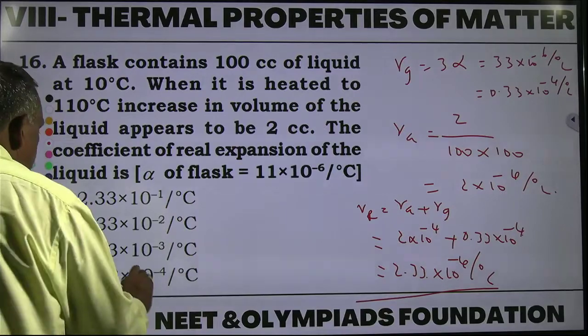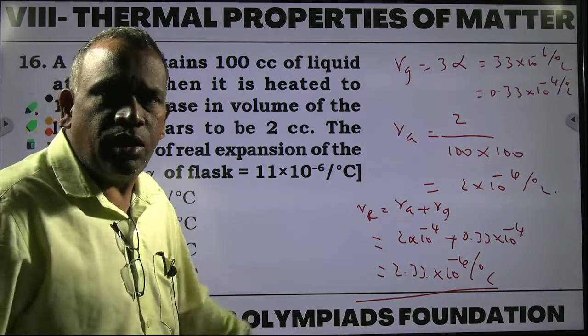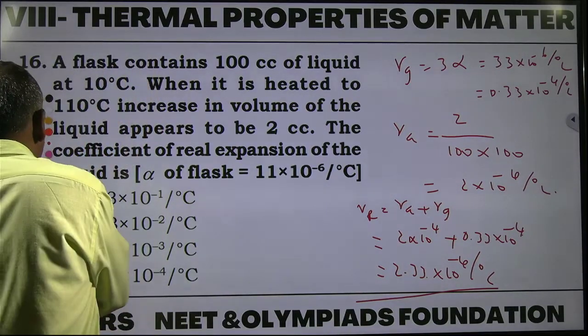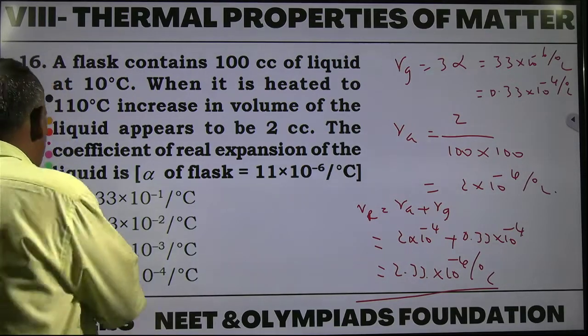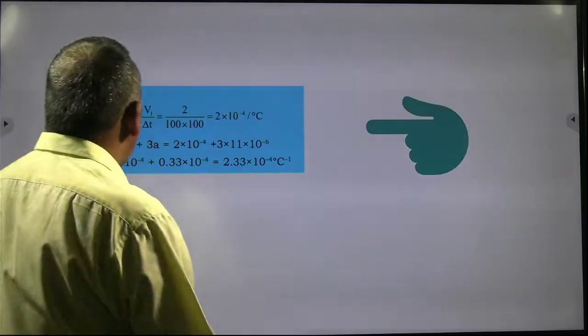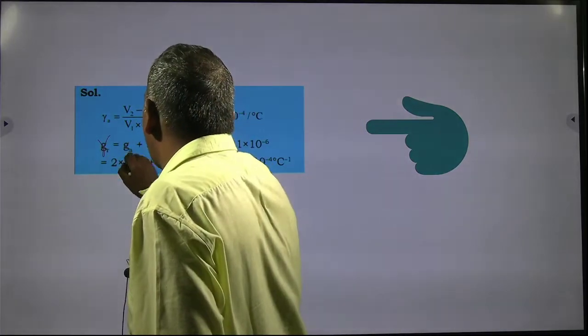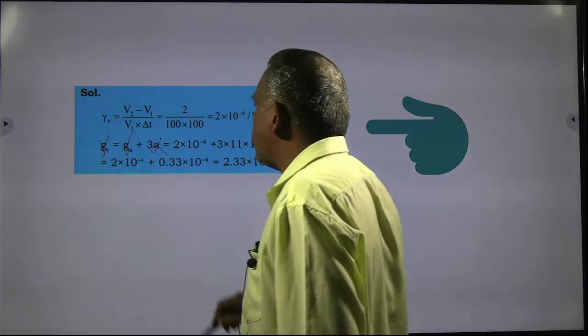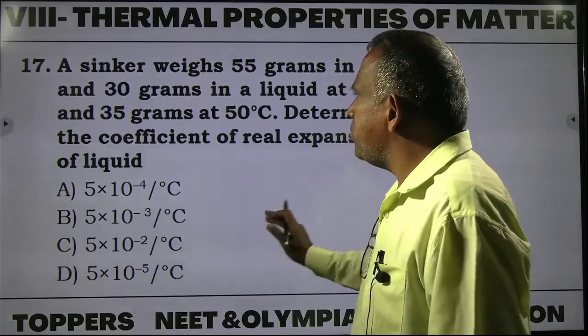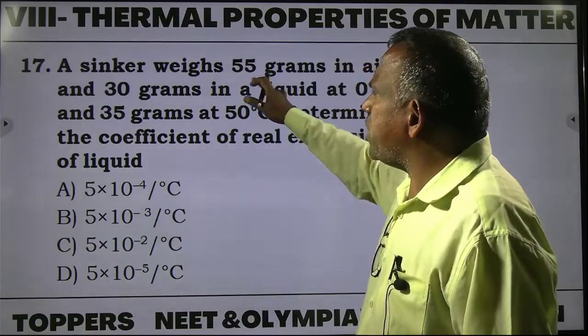So option D will be the correct answer. You can do it like this, this is a simple sum. The explanation is given here, this is gamma and you have to replace gamma alpha, then you will get it.